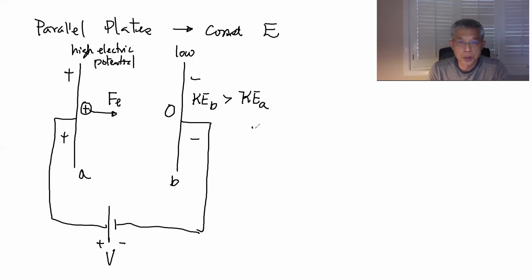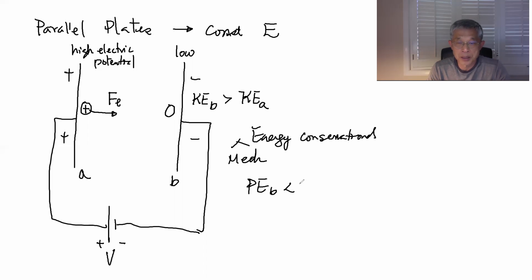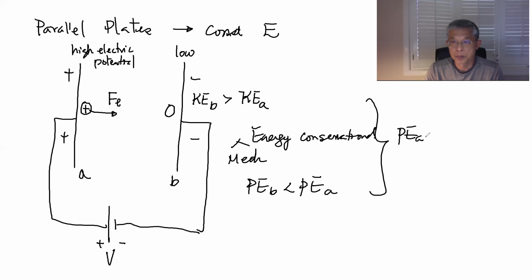According to mechanical energy conservation, since kinetic energy increases, that means your potential energy at B must be less than potential energy at A. So this together says that PEA plus KEA is equal to PEB plus KEB.